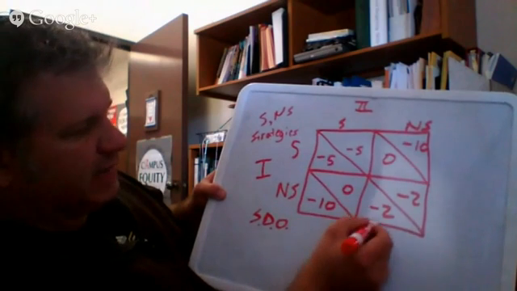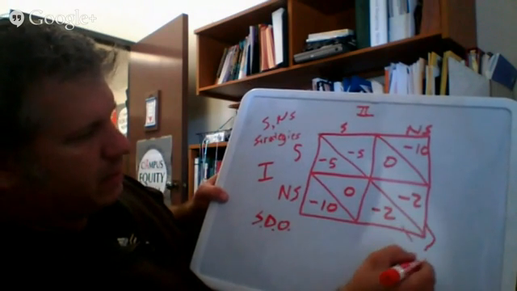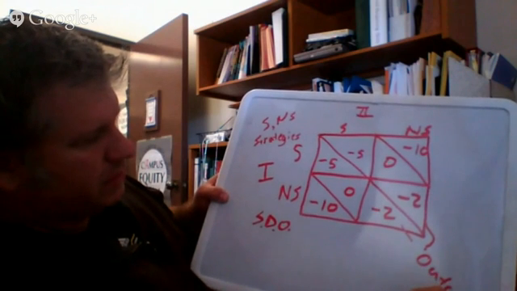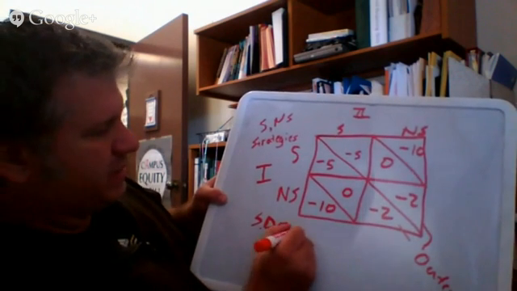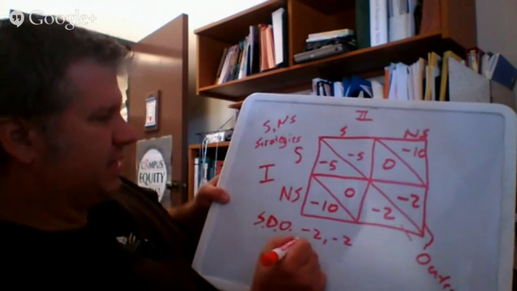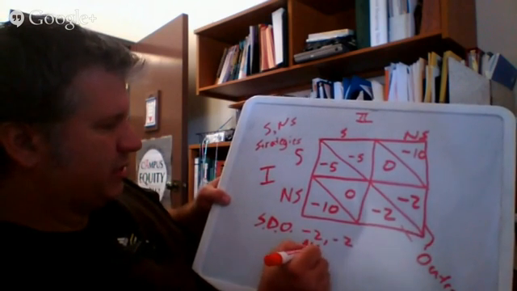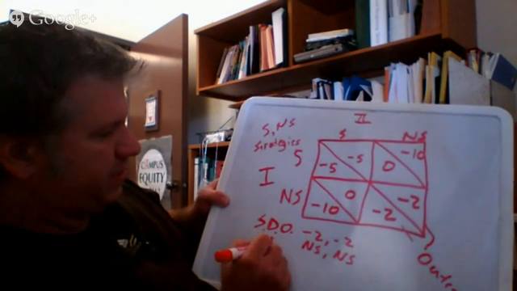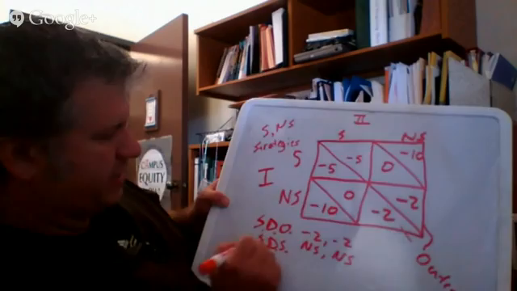The numbers inside the boxes are outcomes. So in this case, the socially desirable outcome is -2, -2. The socially desirable strategy is not snitch, not snitch, the SDS, instead of the SDO.